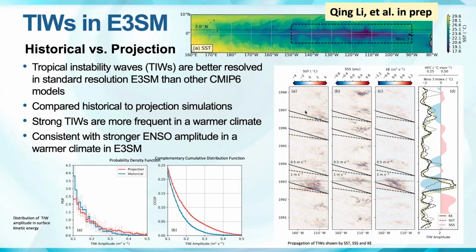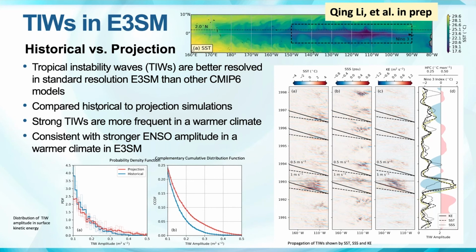Another work in progress by Qing Li, the paper is in preparation, comparing historical versus projection simulations for V1, looking at tropical instability waves. In the standard resolution of E3SM they tend to be better than in other CMIP models.